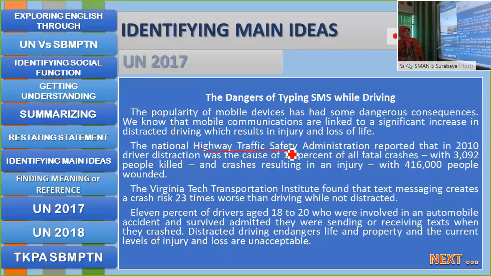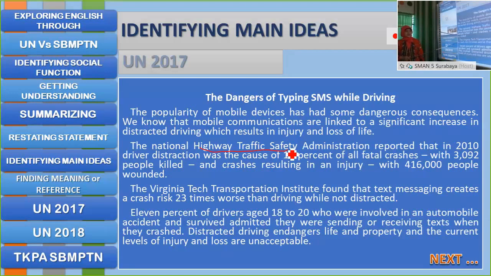And according to the Virginia Tech Transportation Institute, it is found that text messaging creates a crash risk 23 times worse compared to normal driving without any distraction, without any texting.